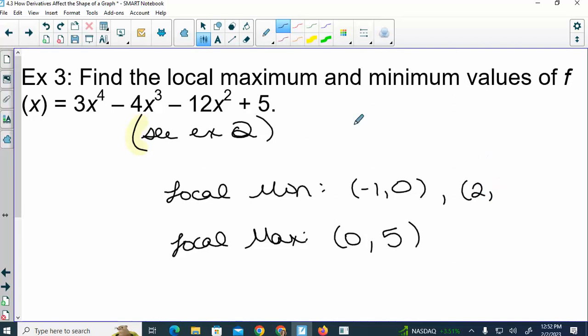I put in 2. 2 to the 4th, 16 times 3 is 48. 4 times 8 is 32. So we're at 16 minus 40 is -32, plus 5 is -27.